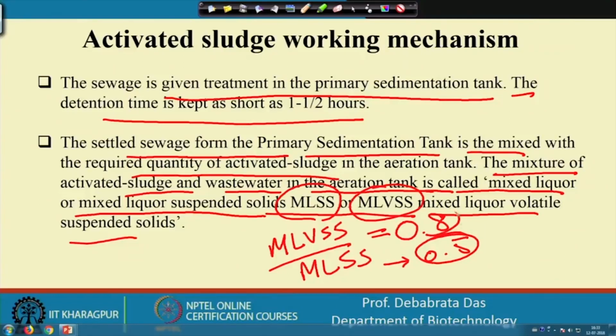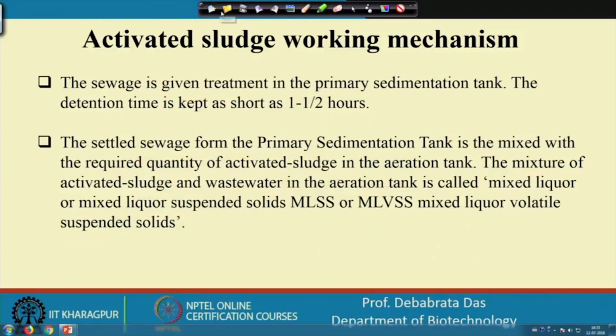If it is 0.8, we can say 80% of the suspended solids is organic. That means your cell mass will be more, and if it is 50%, cell mass will be less. So, this ratio plays a very important role as far as the activated sludge process is concerned.